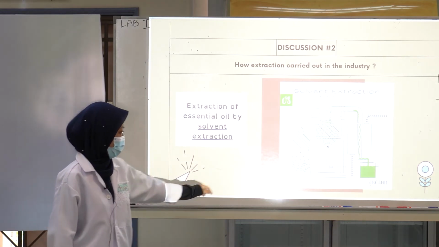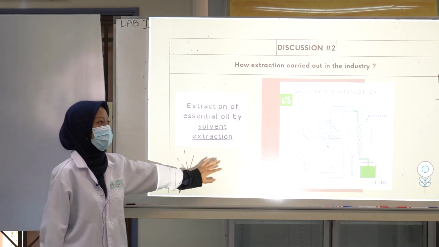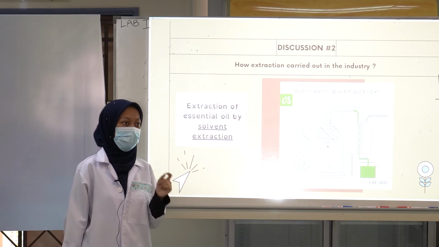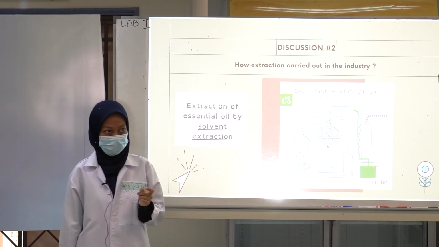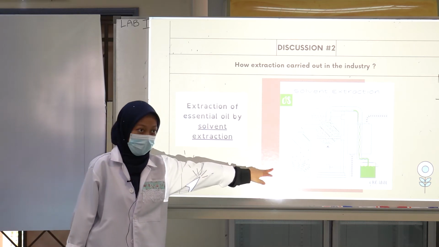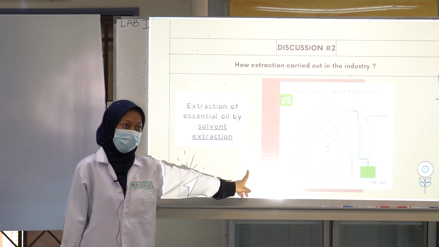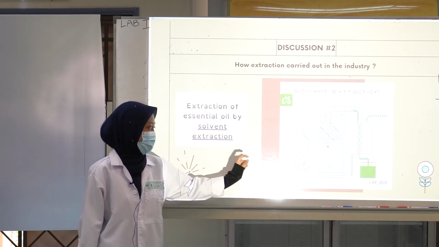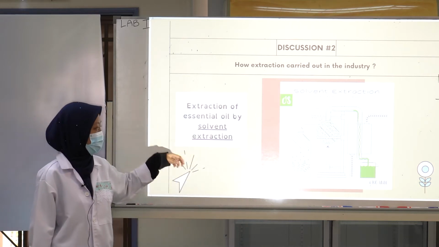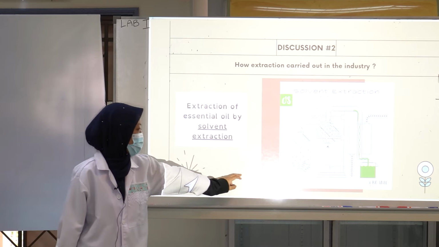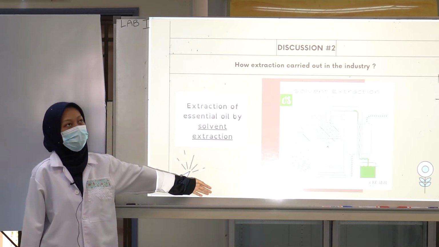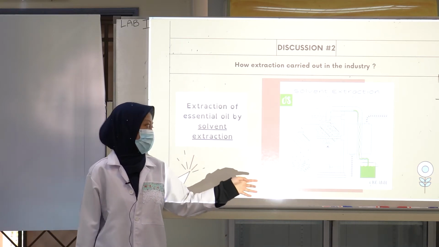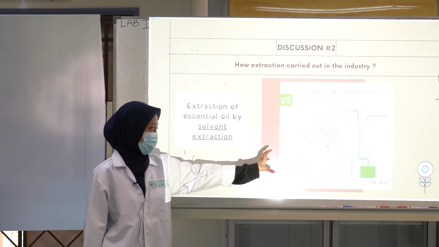First thing first, solvent extraction is basically used to extract aromatic, delicate compounds from plants, such as jasmine or rose. In this process the plant is soaked in the solvent, which is commonly an alcohol such as methanol or hexanol.